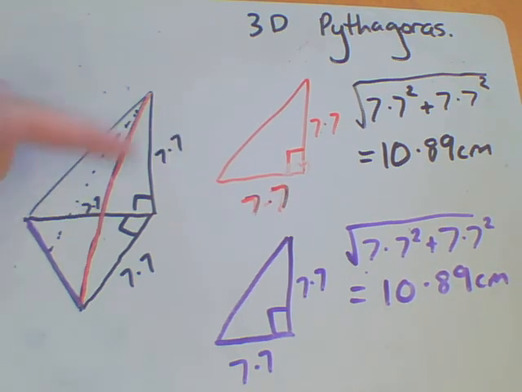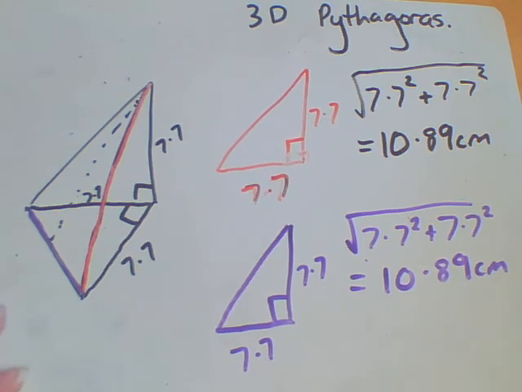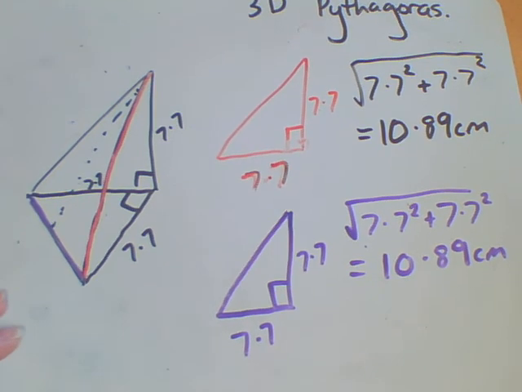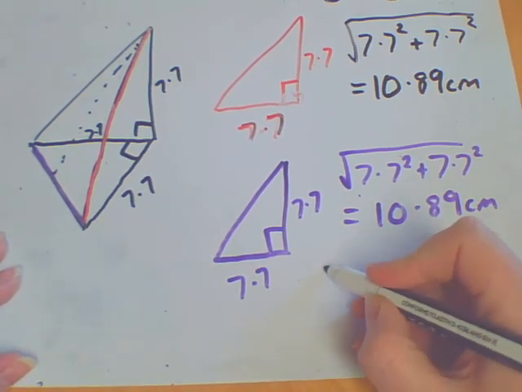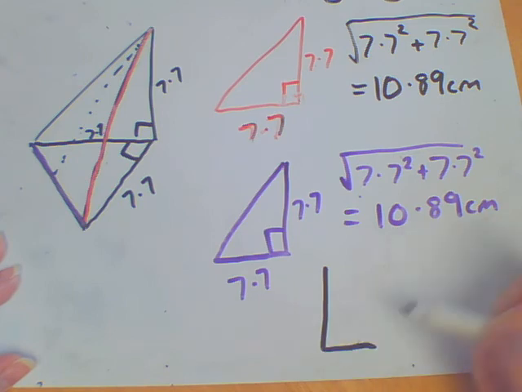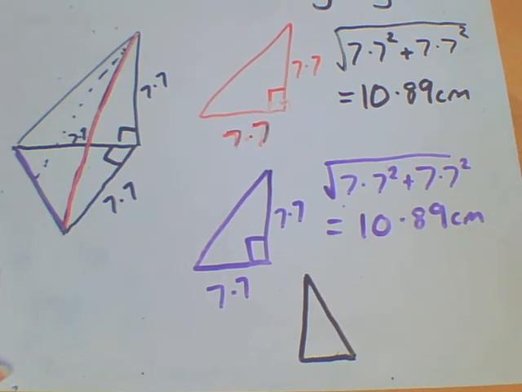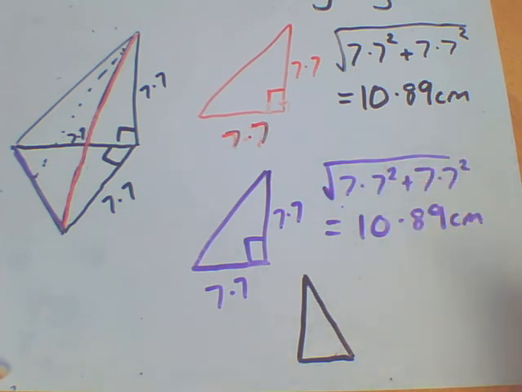Now that we've done that, this shape up here, I'm actually only interested in the red line, the purple line and the dotted line. So I have actually got a third triangle this time to do some Pythagoras on. That third triangle looks like this. So the red line is this one here.